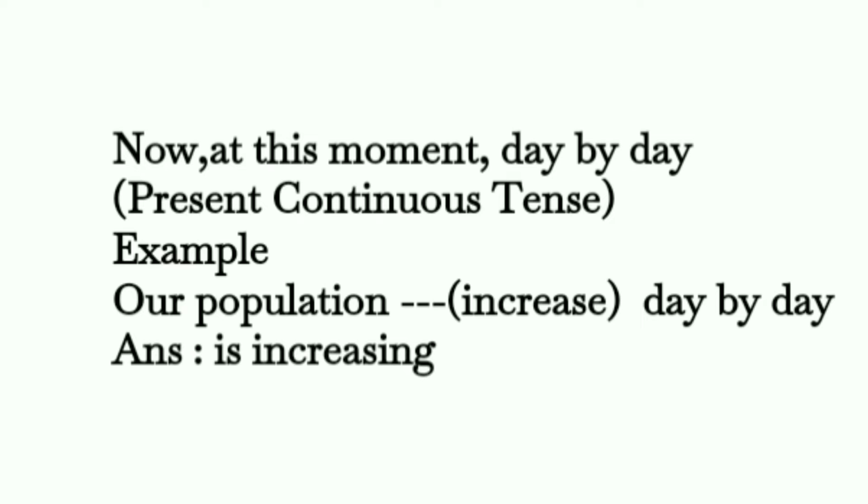Here we can see the word day by day, and for that reason we can understand that it's present continuous tense, and for that reason the answer will be is increasing. Our population is increasing day by day.